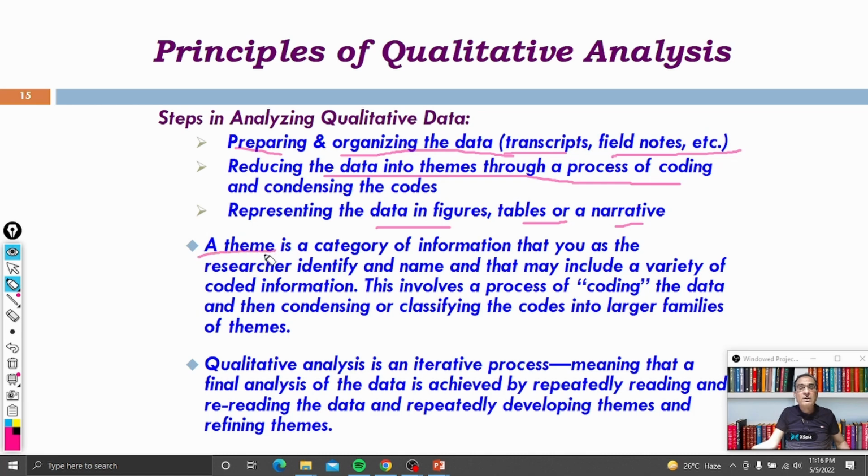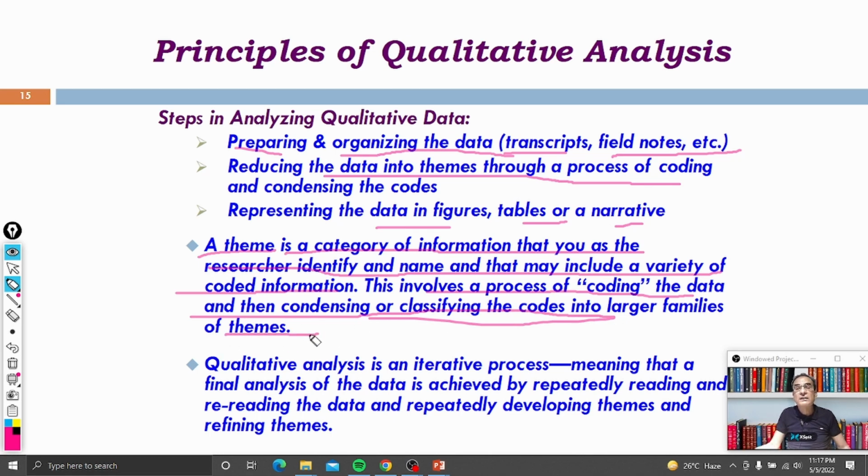Now, I would like to ask, what is a theme? A theme is a category of information that you as the researcher identify and name, that may include a variety of coding information. This involves the process of coding the data and then condensing and classifying codes into larger families or themes. So this is the theme.